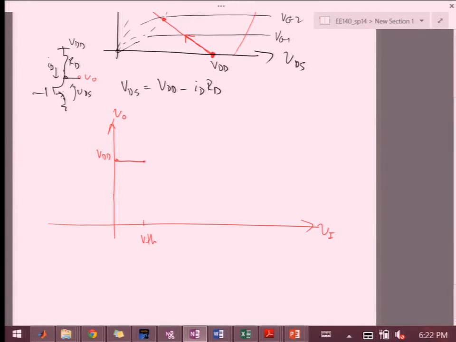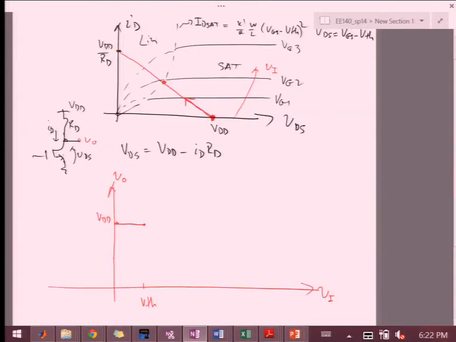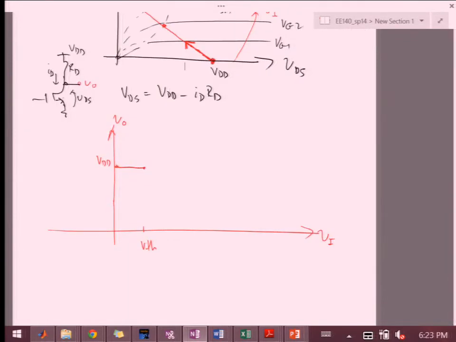Once I start conducting, I know I'm immediately going to be in the saturation region, because I can't immediately jump all the way over there. I'm slowly increasing my VIN, climbing here, so I'm in this parabola region defined by saturation. Up to this point it's cutoff, and then here it's saturation.